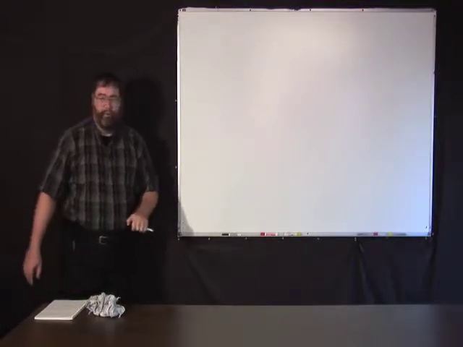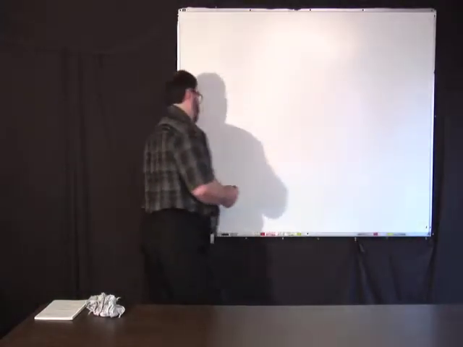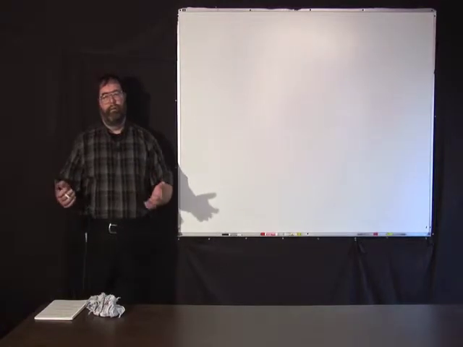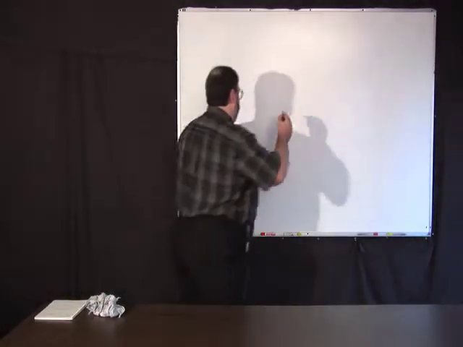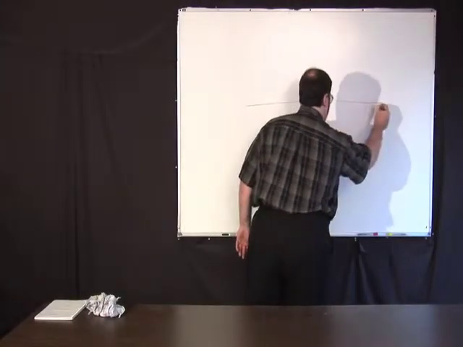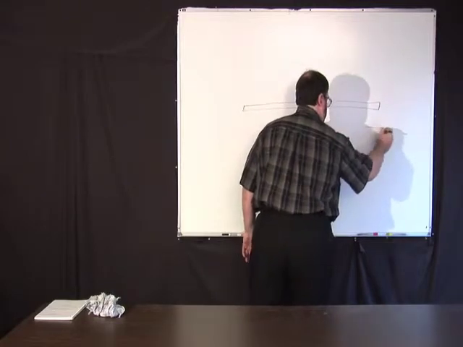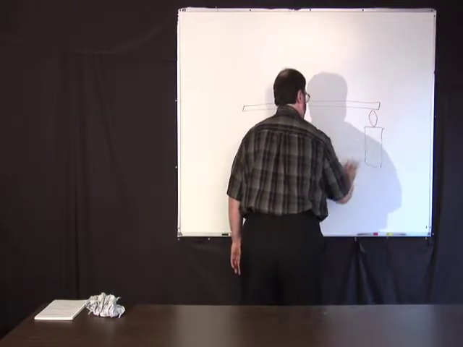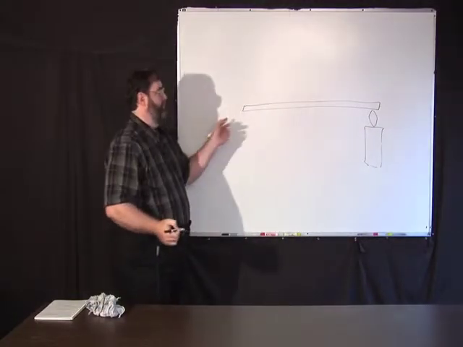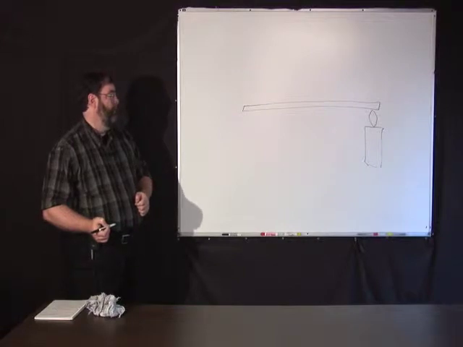But I want to talk about something a little bit different first. There's this guy by the name of Seebeck who made this discovery about metals, that if you take a metal, let's say a metal wire, and at one end you heat it in some manner, so there's a temperature difference between the ends of the metal.